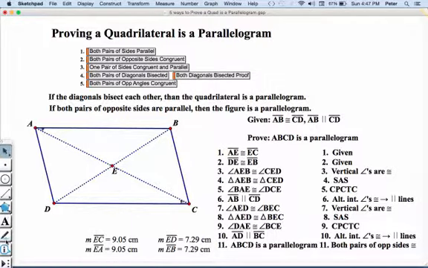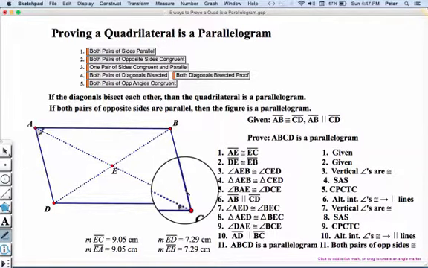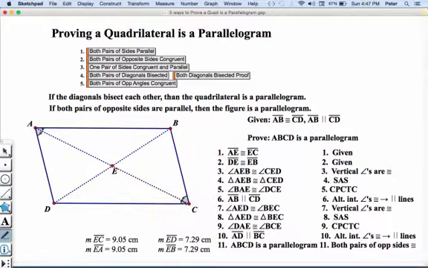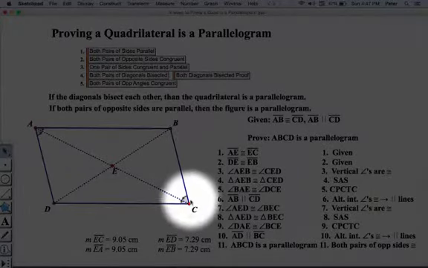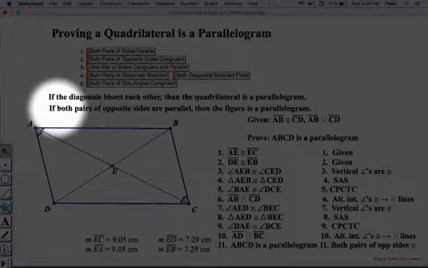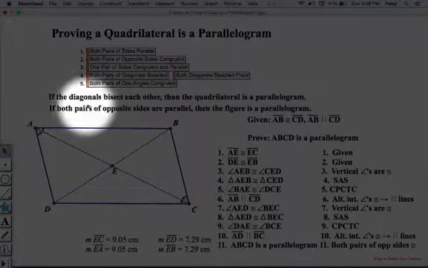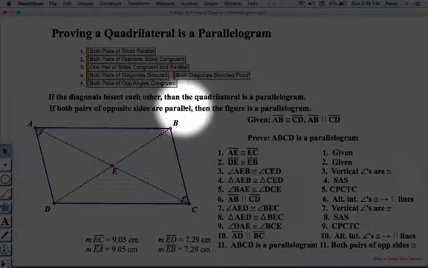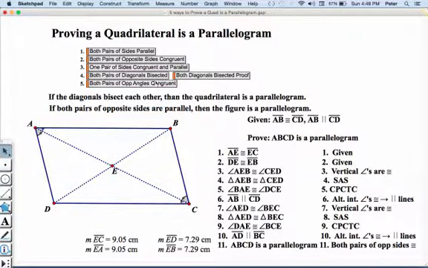This means that angle DAE is congruent to angle BCE, and so these lines AD and BC are parallel. So once again, we've shown that ABCD is a parallelogram, by taking the given information and showing that it allows us to show both pairs of opposite sides parallel.